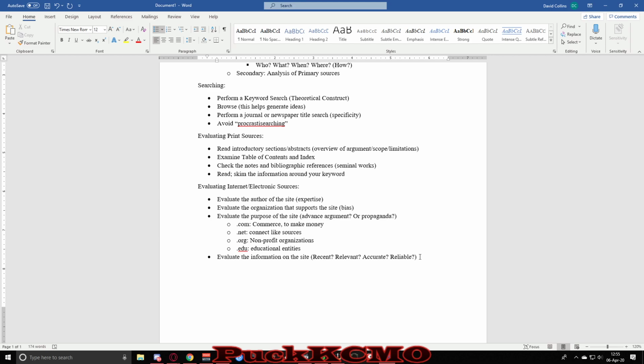What's its publication date? Is this information tied directly to my theoretical construct, right? That's the relevance question. Is it accurate? Can I find this information here and somewhere else? This is what's called trust but verify. You find the information in one place, you want to make sure that you find it somewhere else so you can verify that the information is accurate, right? And then is it reliable? Is the source reliable? Where did it come from? That's the stuff that you want to look at, right?